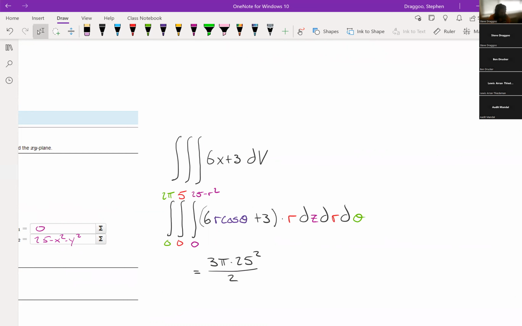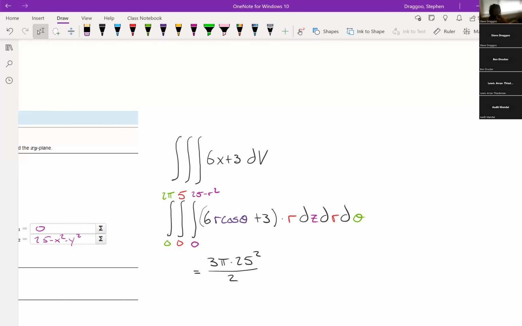This one is just a straight conversion to cylindrical coordinates. z gets to still be z. So x will be r cosine theta, y will be r sine theta. Our dV is r dz dr d theta. It told us to do z first, so we'll keep z first in our order. z is still 0 to 25 minus r squared now.